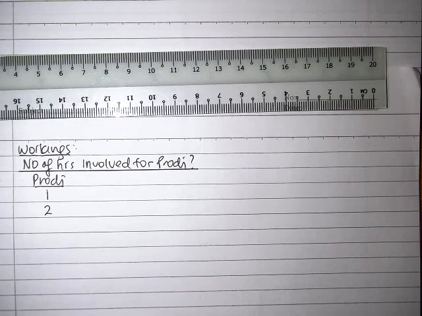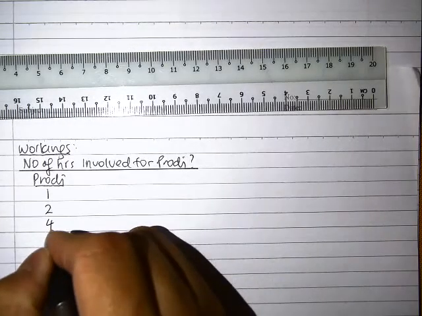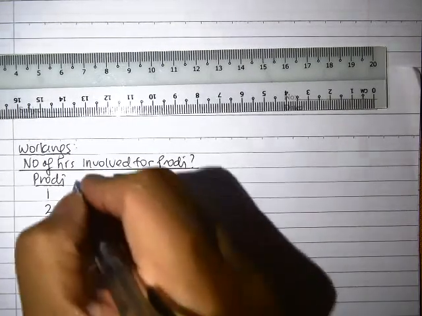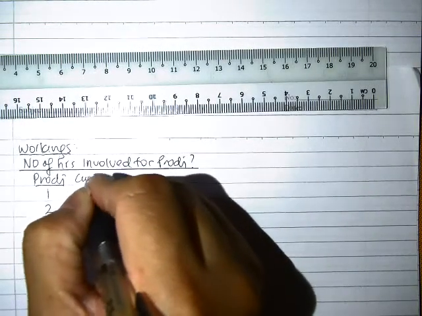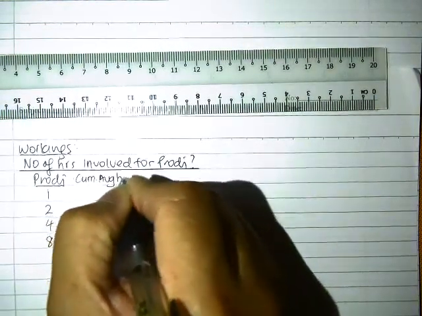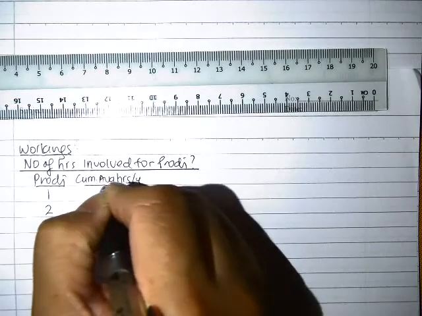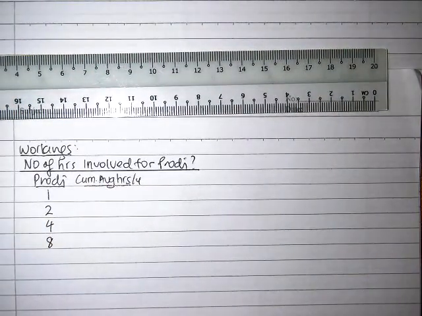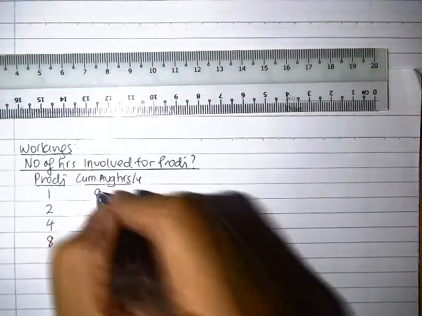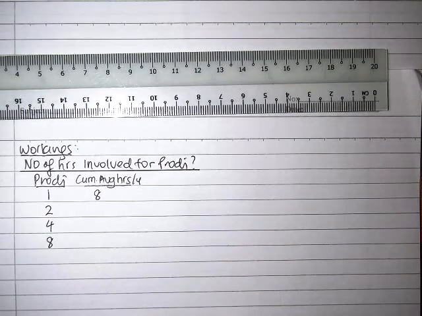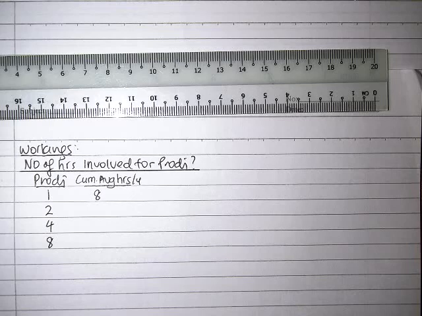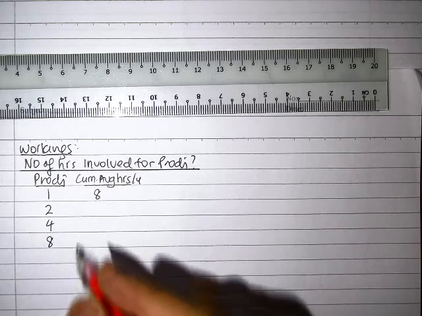So we have 1, 2, 4, then 8. And the cumulative average hours per unit: the very first unit needs 8 hours, and each time production doubles, you expect that this will reduce by a constant rate. The rate is actually 80%.